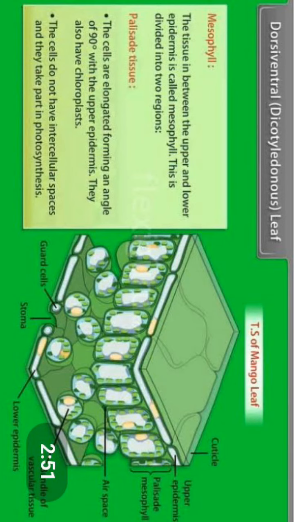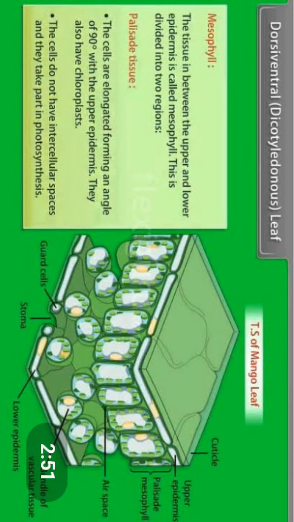Next, the latter may even lack stomata sometimes. How is it possible? Let us see. The abaxial epidermis generally bears more stomata. Abaxial epidermis means the lower side. It means the ventral side of the leaf has more stomata than the adaxial epidermis.